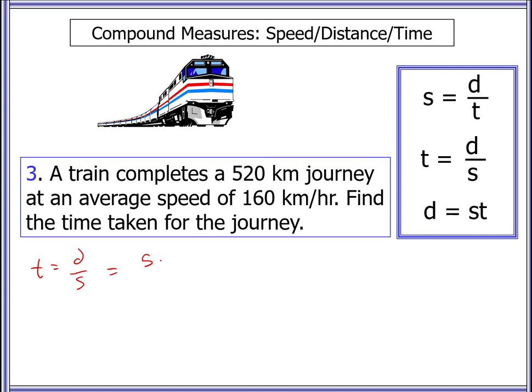Distance is 520 divided by 160. And for this one, I'm going to let you use your calculators. The zeros can cancel. When you work it out on your calculator, you should have 3.25.